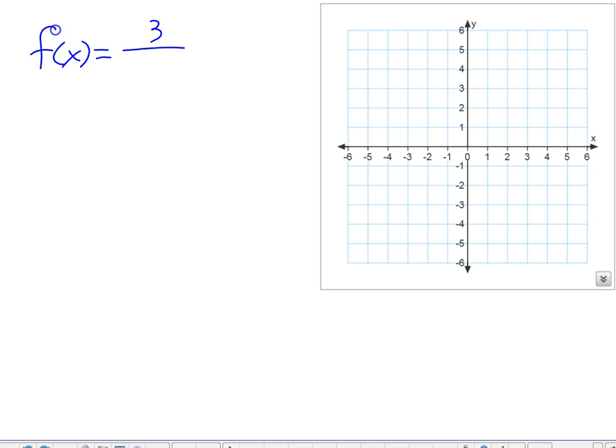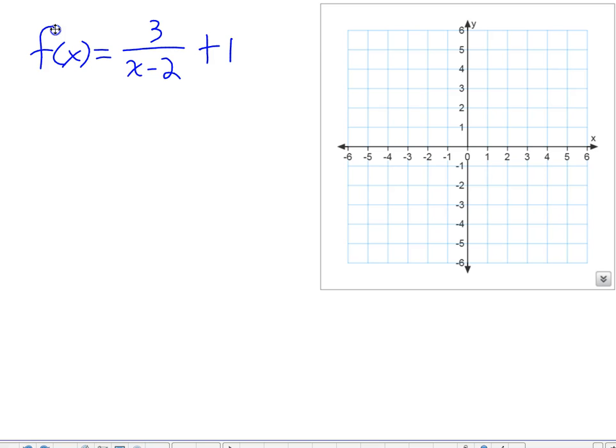Reverse. If I have something like 3 over x minus 2 plus 1 over x minus 4 plus 1, and I want to graph this guy, I know this guy has a hole, a horizontal asymptote, a vertical asymptote.